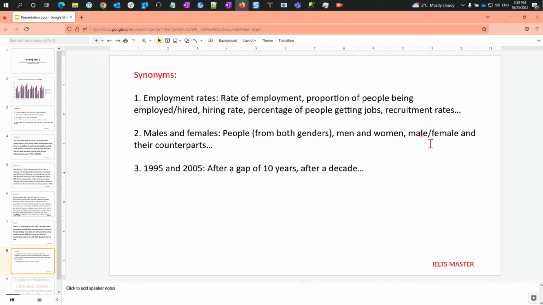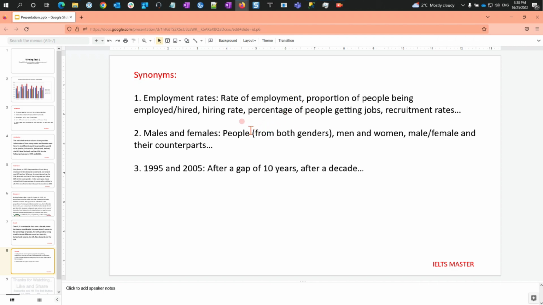There are so many different words that you can put, but it is recommended that you use 3 or 4 synonyms and try to use them in different paras, because to be honest, during examination it is really hard to get a new synonym with each and every new line you are writing. So you can use 3 or 4.